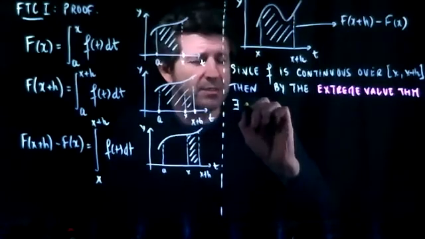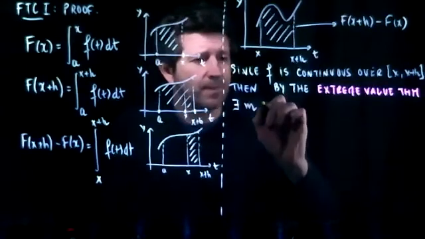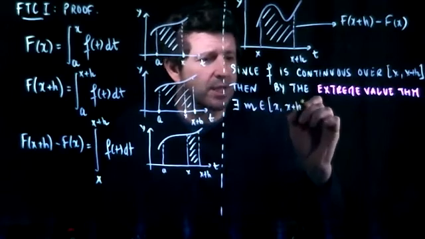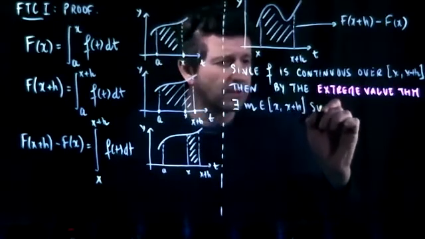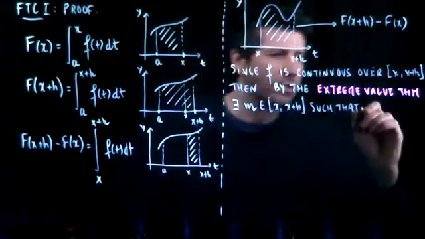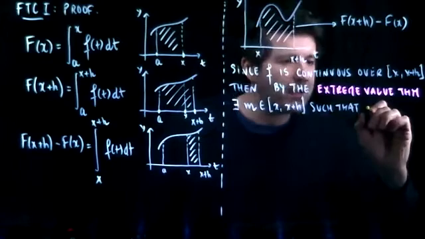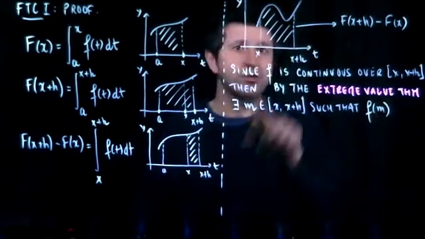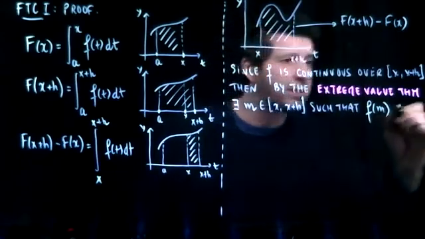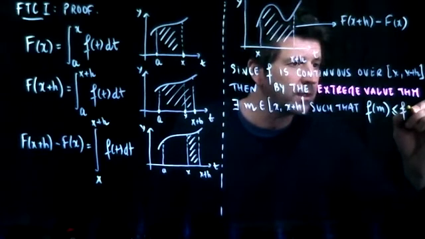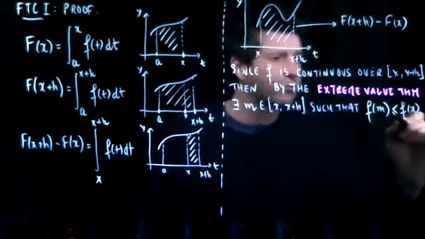So there exists, let's call this a small m in the interval x to x plus h, such that f of small m, the smallest possible value, is smaller than or equal to f of x for all x.